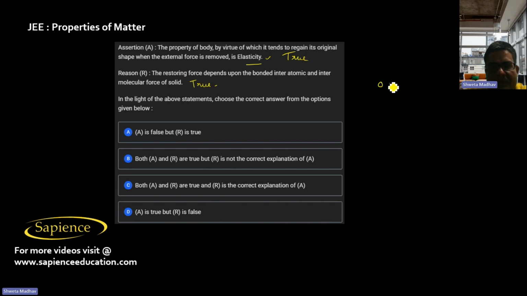If the interatomic force is strong or the intermolecular force is strong, then the restoring force will be higher, and then the elasticity also will be higher. So it means statement R is true and A is also true, and R is the correct explanation of A. So option C is the correct answer.